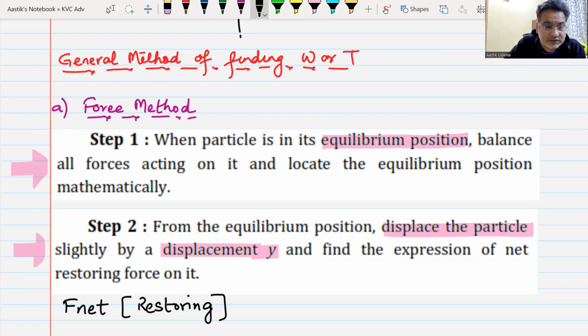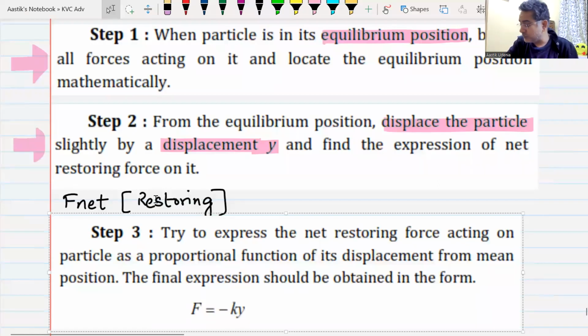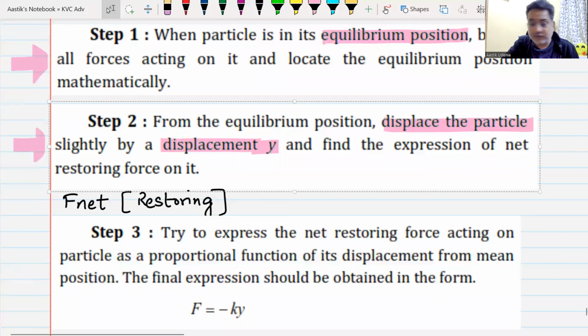Then we move on to the third step. Once we move down to the third step, I will give you time to write it down. Once you find out the net force acting on the body, you will have to somehow relate it to the displacement, and you have to prove that this net force will be equal to minus k into y.